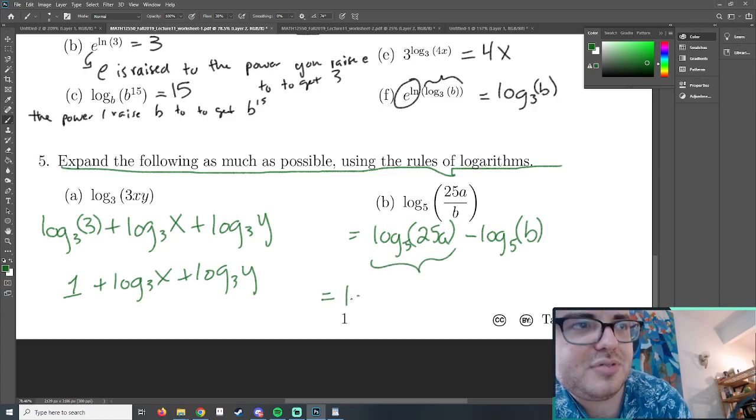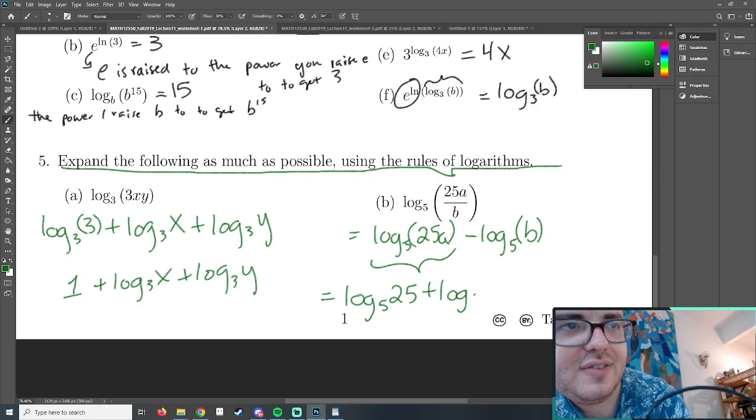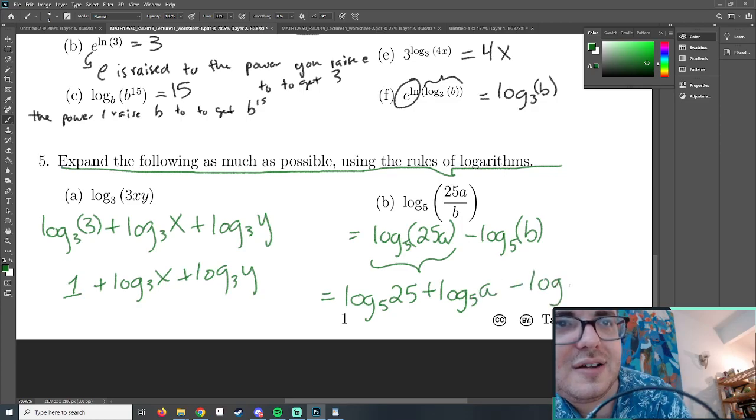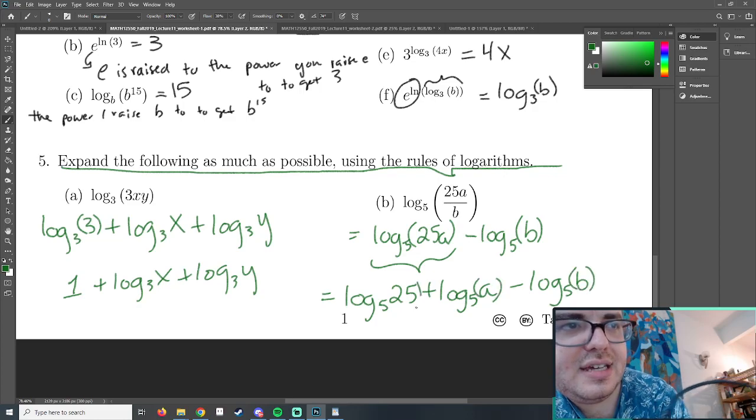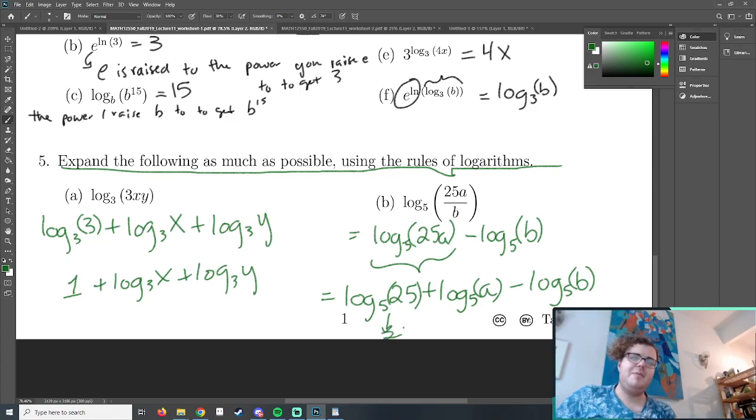With the product rule, we can say that that's log base 5 of 25 plus log base 5 of a, and then we still have minus log base 5 of b here. And again, this does evaluate out to 2, so depending on the problem, you might want to put a 2 there instead of log base 5 of 25, because that's the power you raise 5 to get 25.